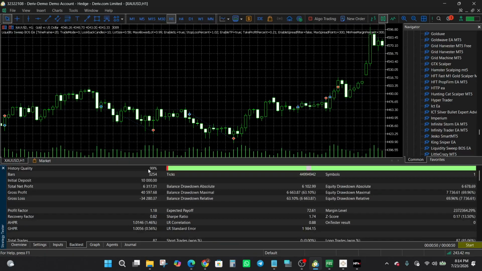And we got a 99% history quality data with an initial deposit of $10,000. Now, looking closely at the input configuration used during this test, the EA was set to a 20 period time frame inputs, a 10 candle look back parameter, a stop loss of 1.02%, and a take profit of 0.21%.